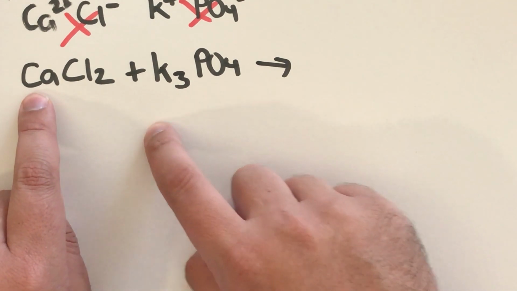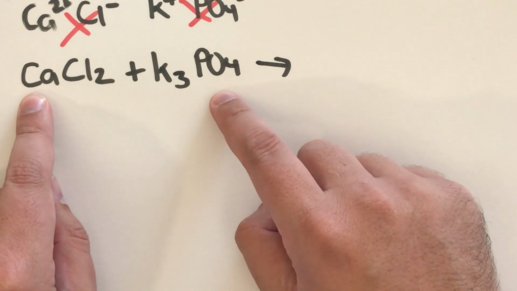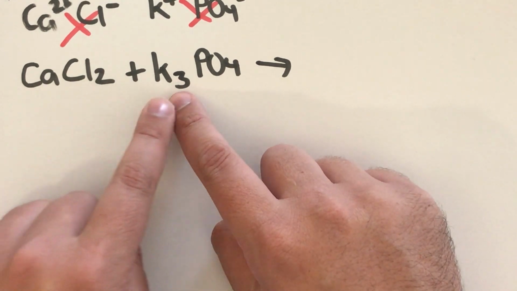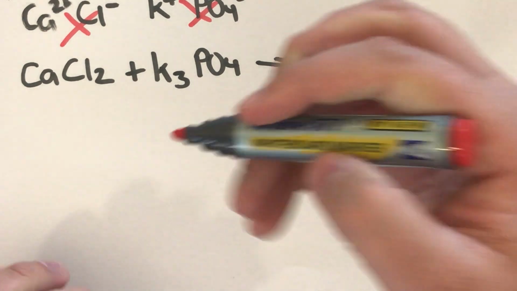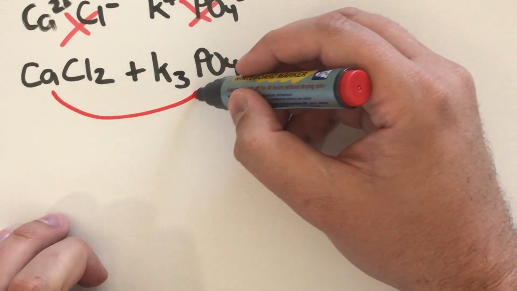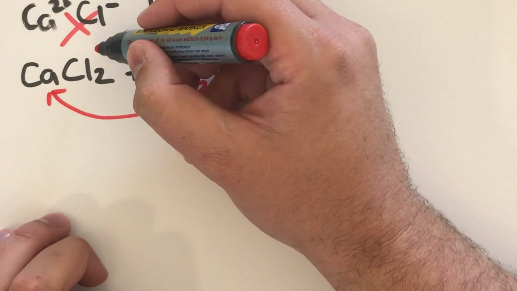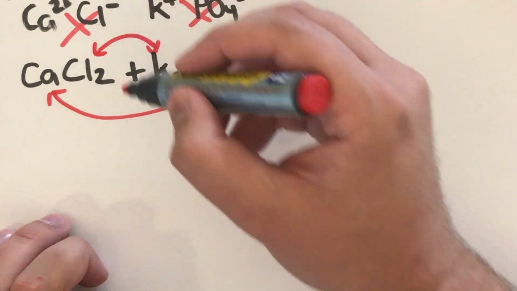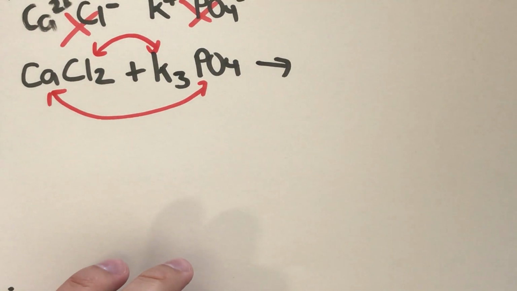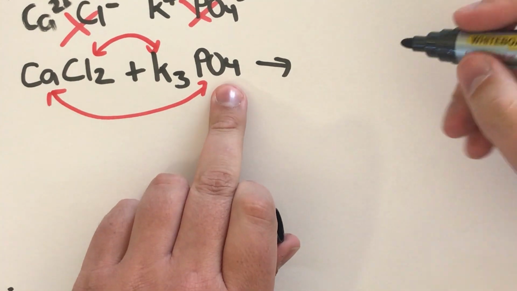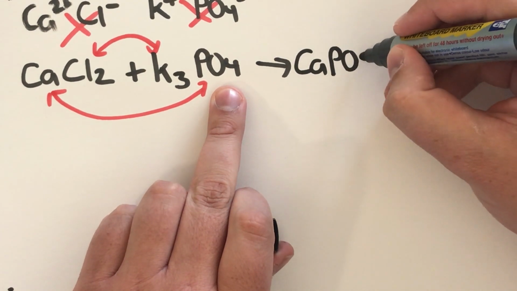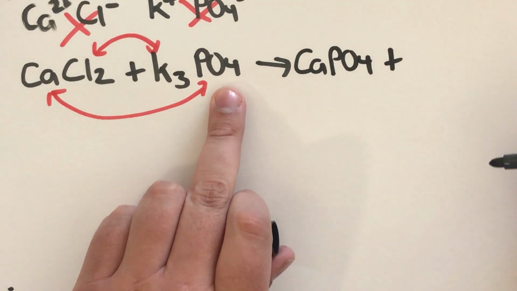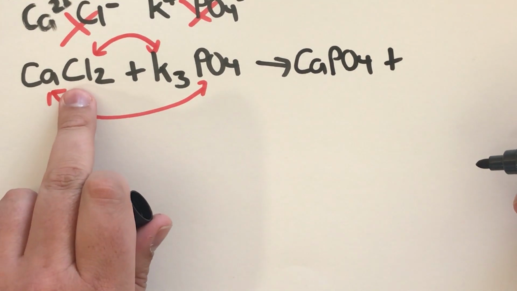So the cation, the positive, with the anion, the negative, the cation, the positive, with the anion, the negative. So it looks something like this. We're going to combine these two, and we're going to combine these two. And so that will give us calcium phosphate and potassium chloride.